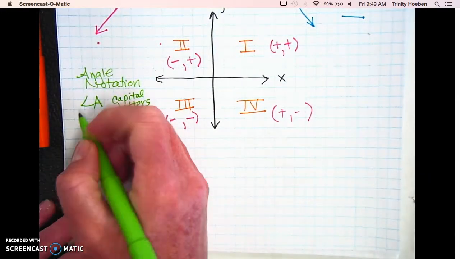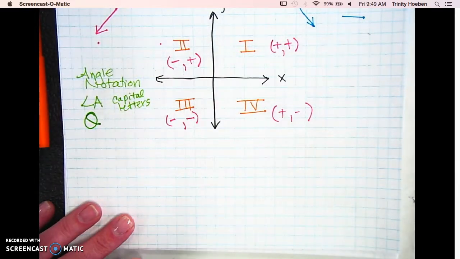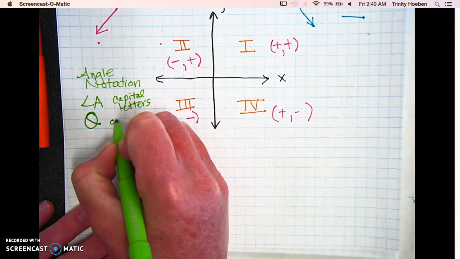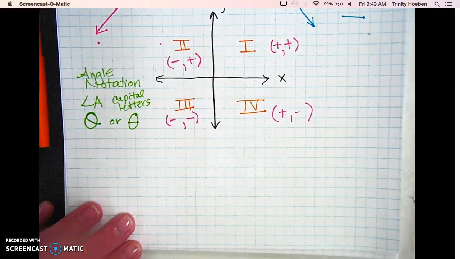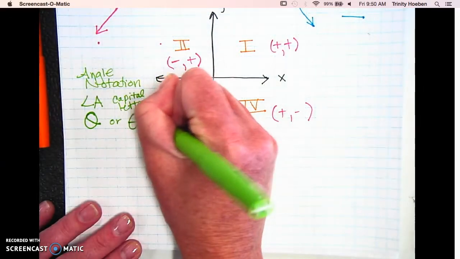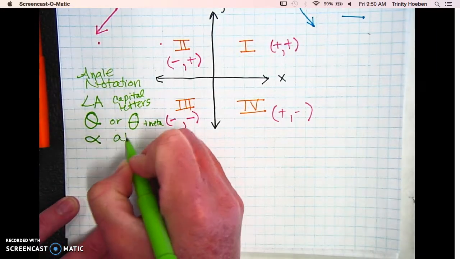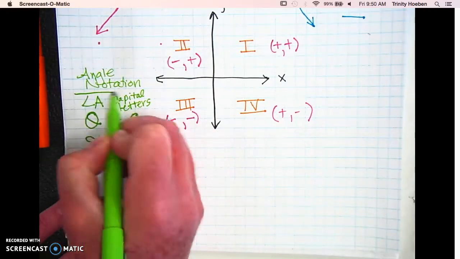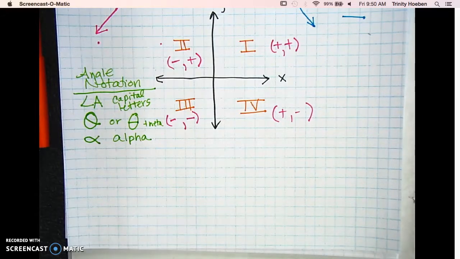Now today you're going to see what we call a theta, like a cursive capital O, or an O that's split in half. That's called a theta. It's a Greek letter. And every once in a while you're going to see an alpha. These are just ways of notating angles, kind of like thinking of it as angle A. They might just say angle theta is so many degrees, and then you'll draw it.